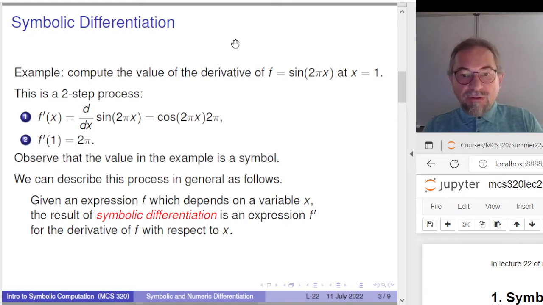So in general, if we have an expression which depends on a variable, then the symbolic differentiation will give us another expression for the derivative of the input expression with respect to the variable. Okay, that's symbolic differentiation, which produces expressions.